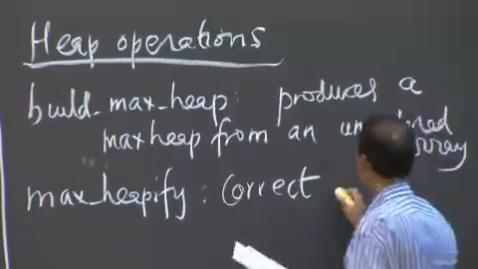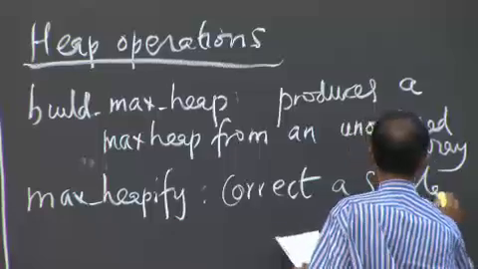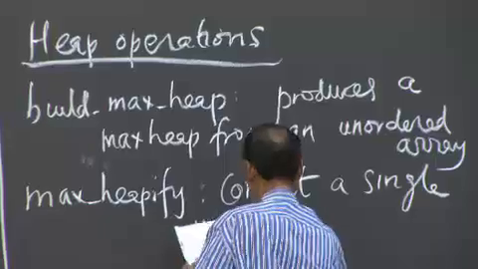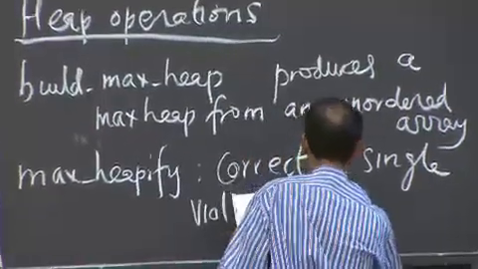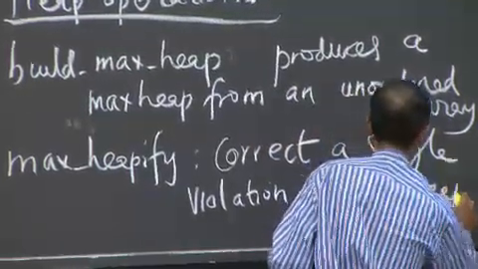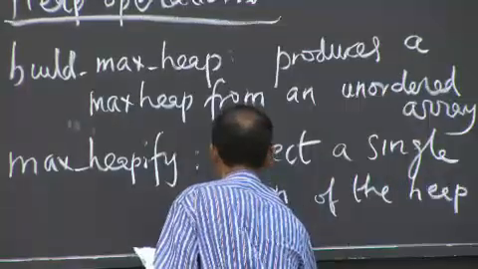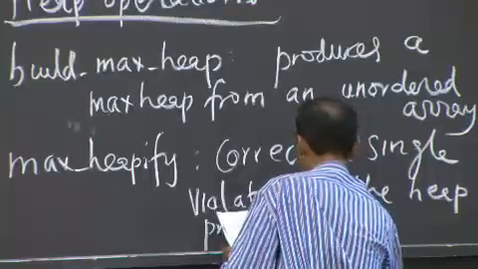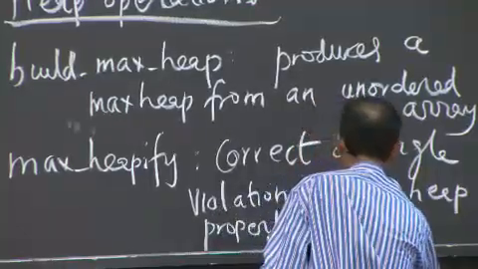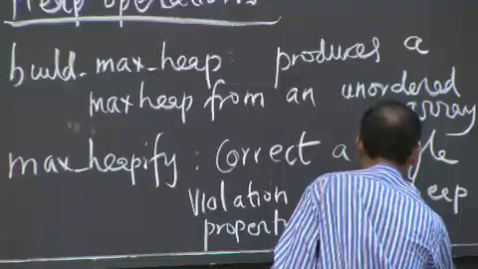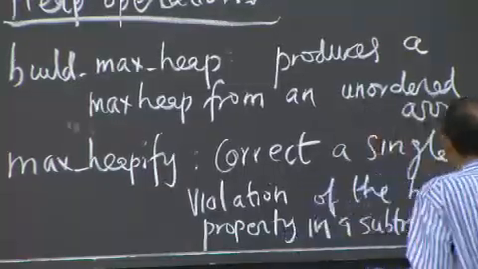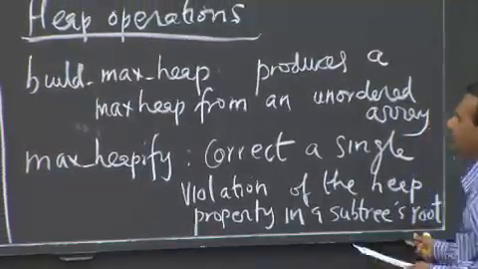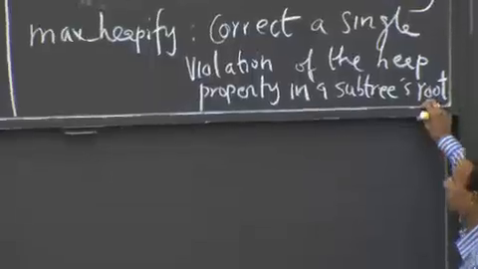It corrects a single violation of the heap property in a subtree's root. I'll explain what I mean by that in just a minute.